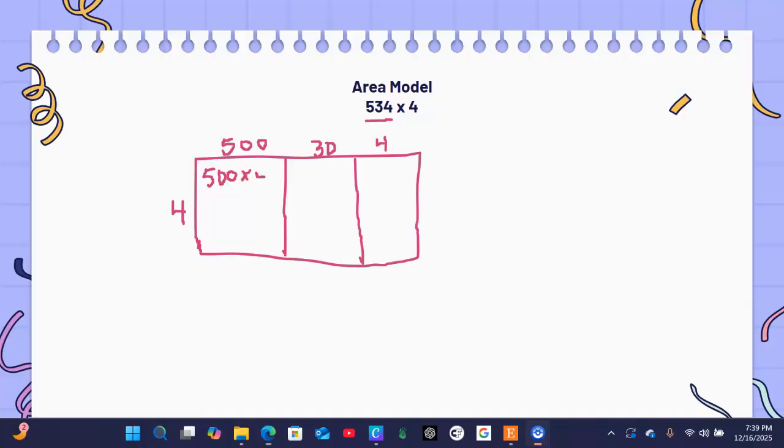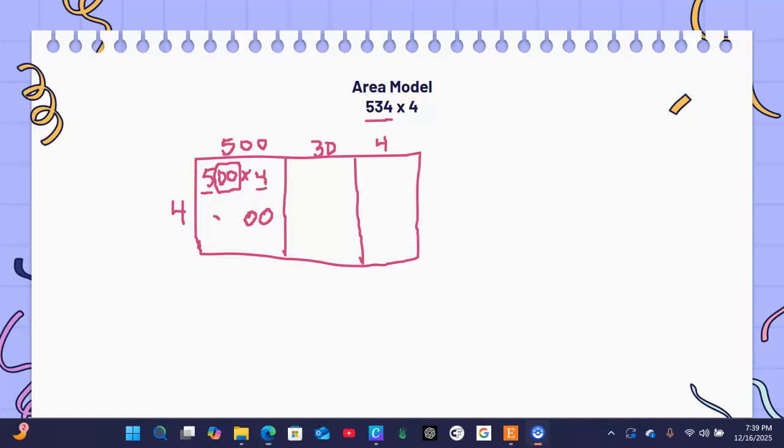And here's what I told my students to do. Count up the amount of zeros, put a box around it, and then bring them down for your partial product. So that's 2 zeros that will be in our answer. And then we multiply 5 times 4.